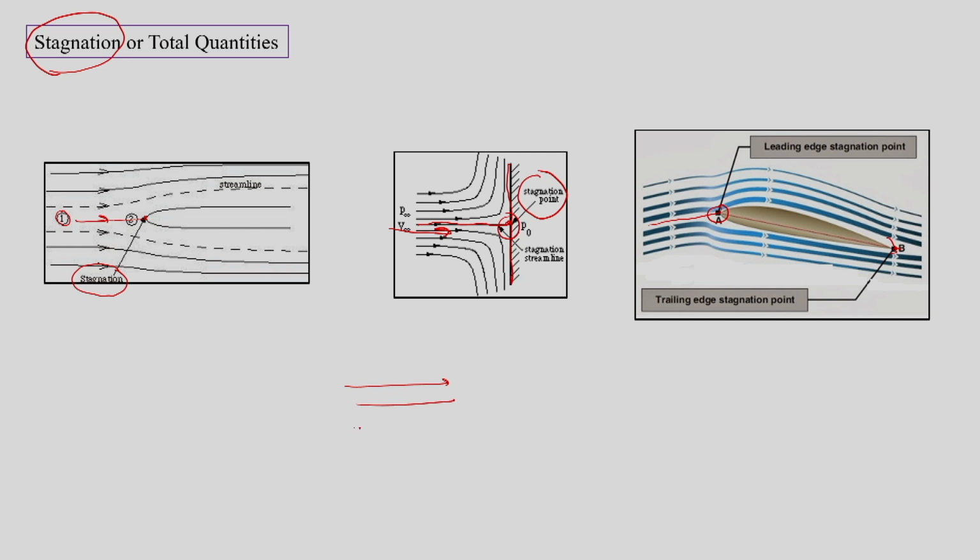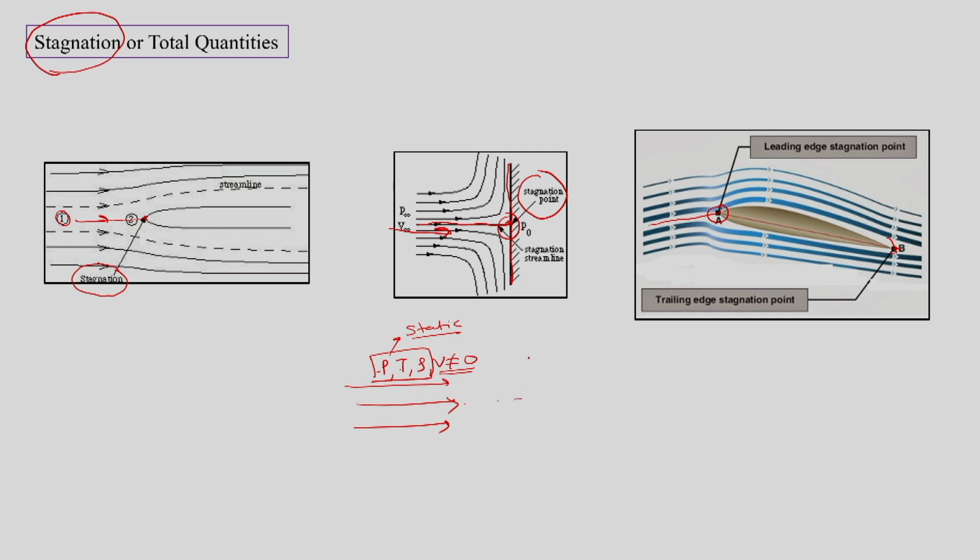So, if we have a streamline of the flow where the flow has P pressure, T temperature and rho density, then it has V velocity, which is not 0. If velocity is not 0, then the corresponding quantities are called static quantities. So, we have static pressure, static temperature and static density.